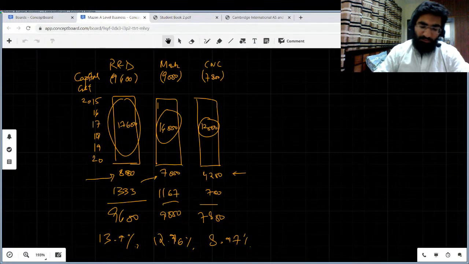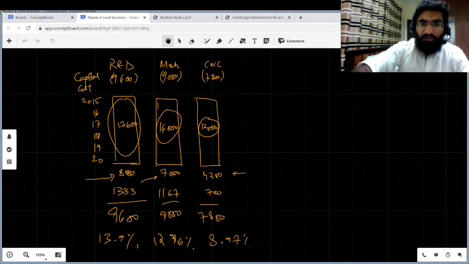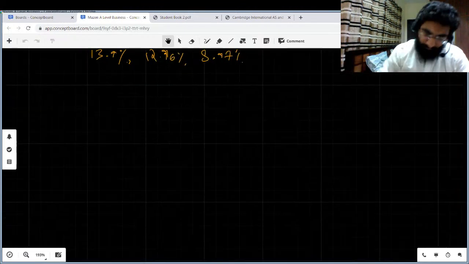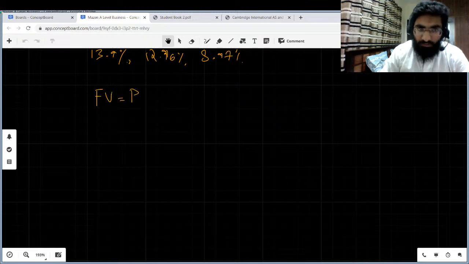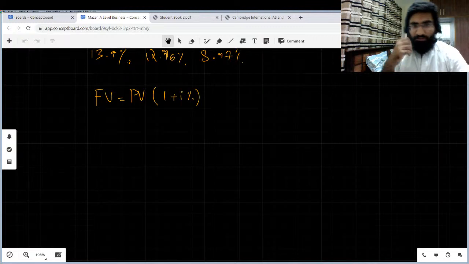We have the simple interest rate formula that future value is equal to present value into 1 plus interest percentage raised to the power n, which is the number of periods.